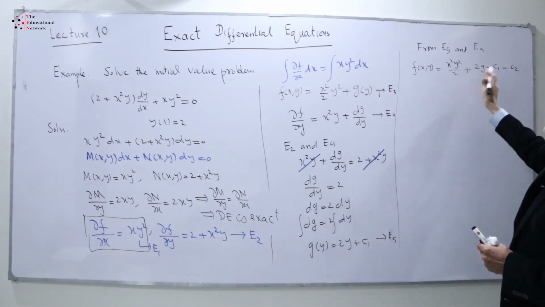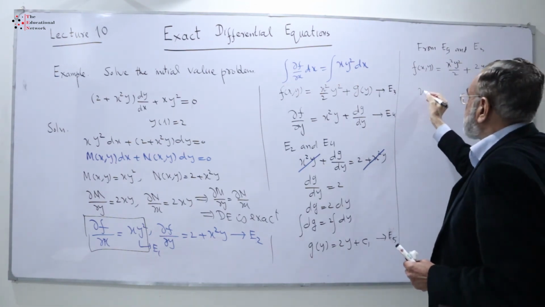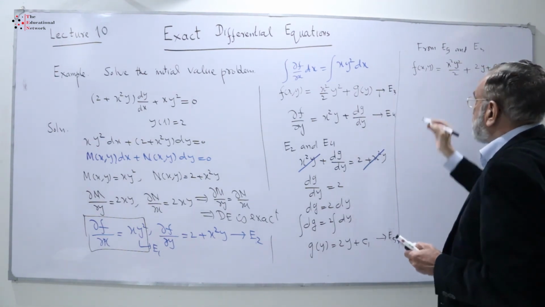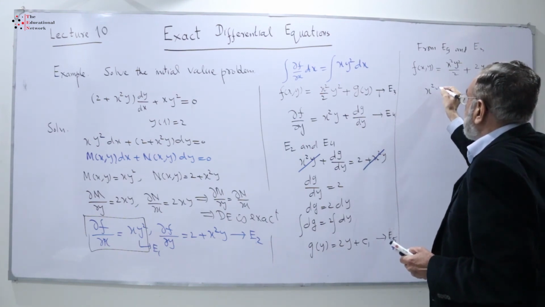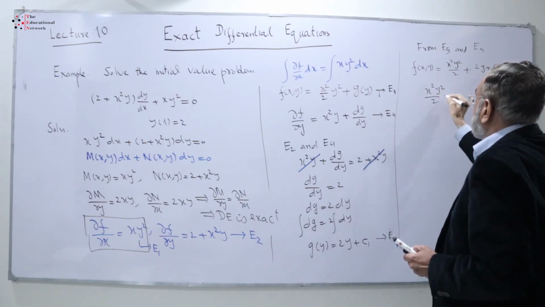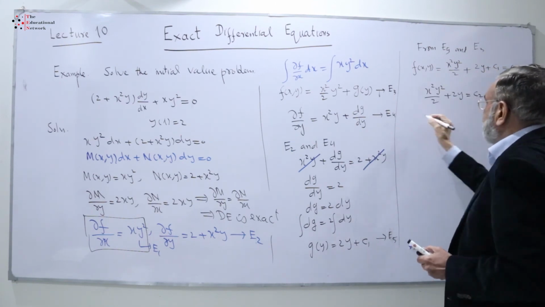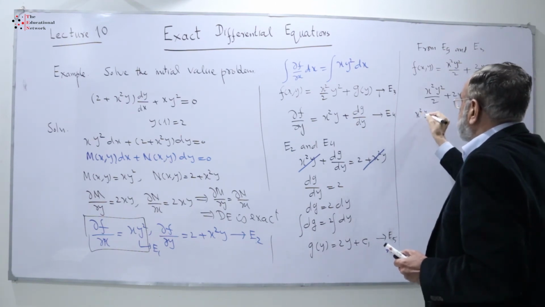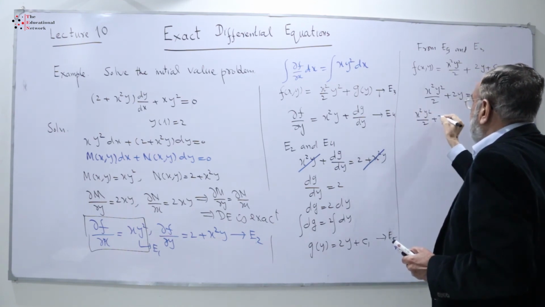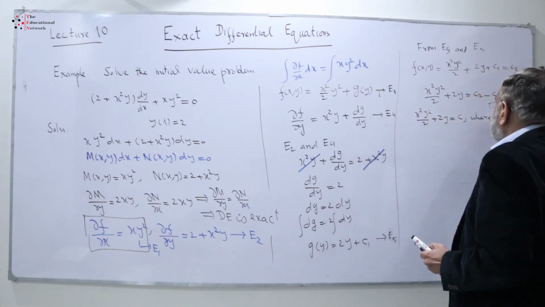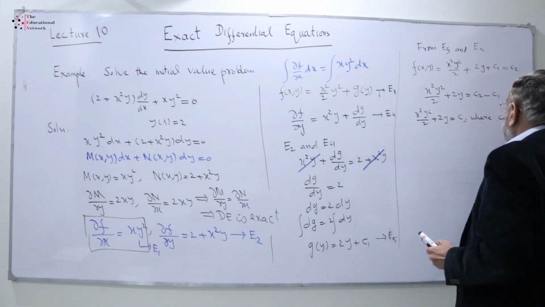So I take this c1 to the other side. I'll get x square y square by 2 plus 2y is equal to c2 minus c1. I will write x square y square by 2 plus 2y is equal to c, where I write c is equal to c2 minus c1.